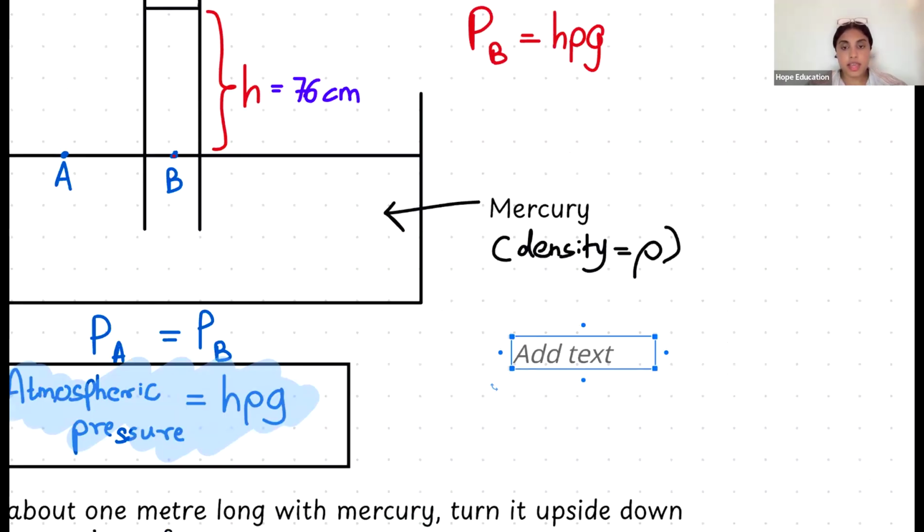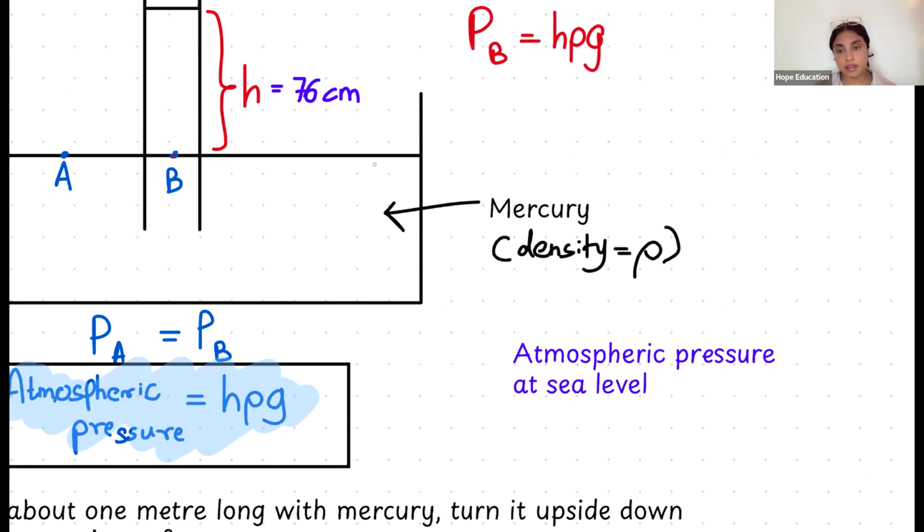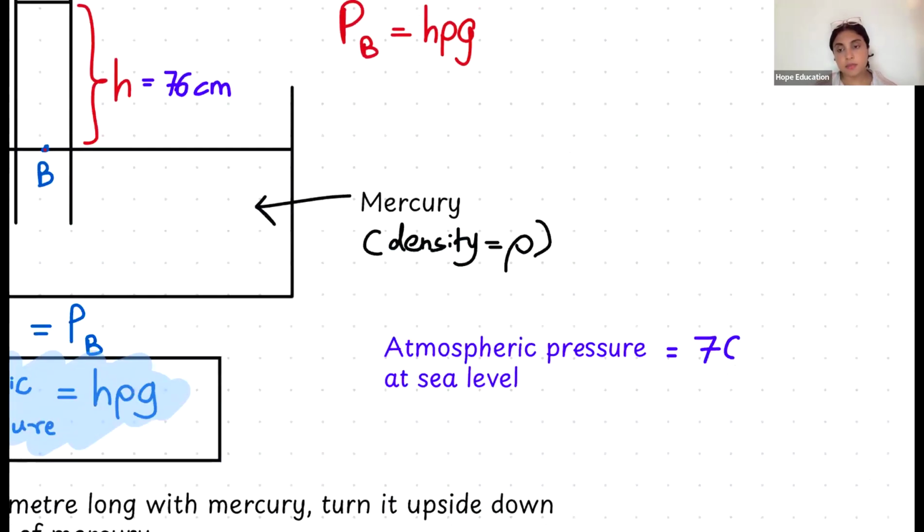You can write like this. Atmospheric pressure at sea level. You take this height, 76 centimeters Hg. Hg means mercury, right? So centimeter Hg means mercury centimeters.